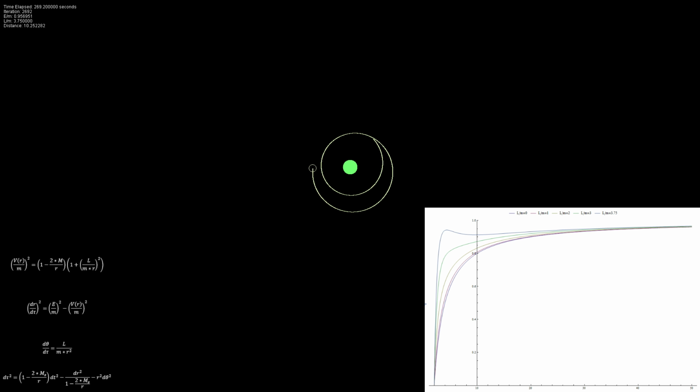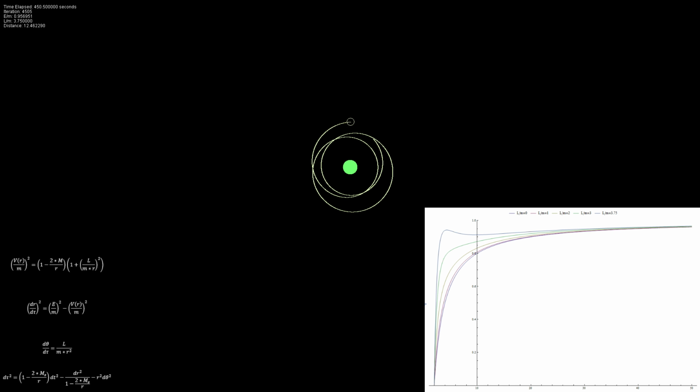What ends up happening is if your energy falls in that area at that particular distance, this vertical axis here is your E over m, and the horizontal axis is your distance from the black hole in terms of the black hole radius. If you fall within that little divot there, you're going to get these spirograph orbits, one of which you can see going on right now. I have this set up to go, I believe, 10,000 iterations before it restarts. That way we're not stuck on this one for too long.